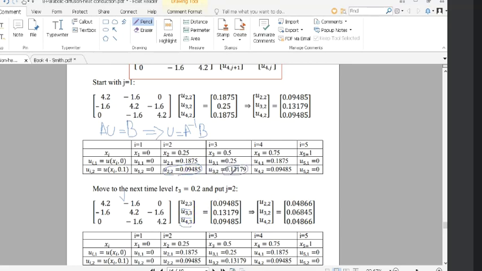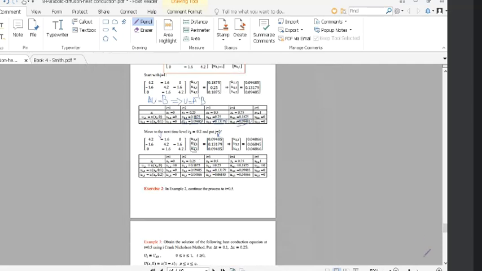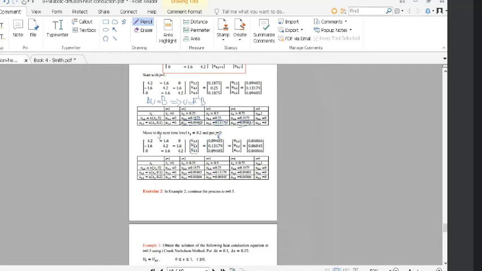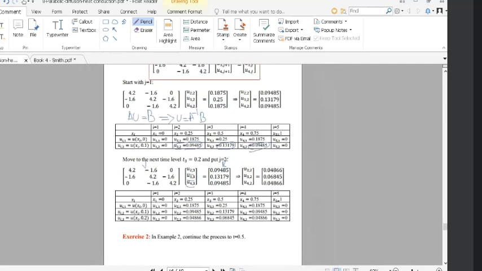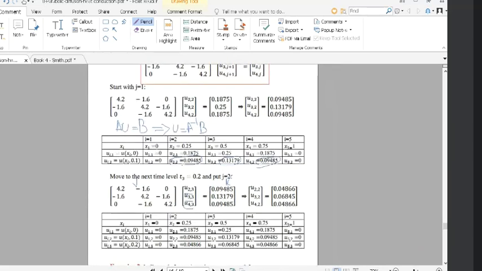The values of the interior points at the old time level you should put for the known vector. You should again have a system of equations and you can solve it by any method.